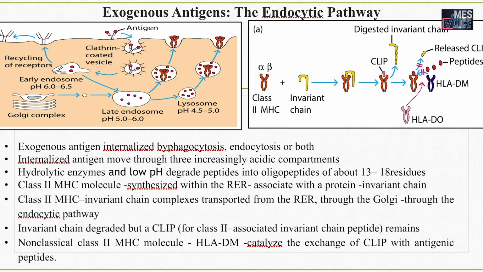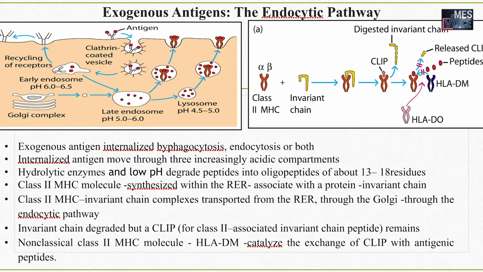And next, simultaneously, class 2 MHC molecules will be produced by polyribosomes located along the membrane of the rough endoplasmic reticulum. When the class 2 MHC molecule is synthesized by the polyribosomes, it will be associated with a protein called invariant chain. The invariant chain is bound to the antigen binding cleft of the class 2 MHC molecule.